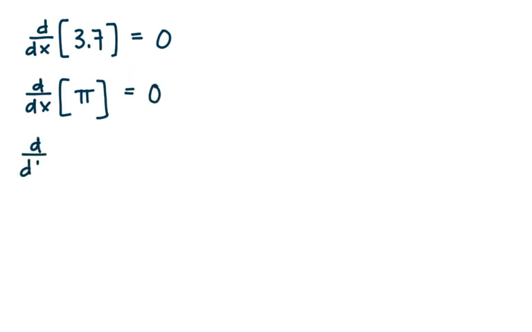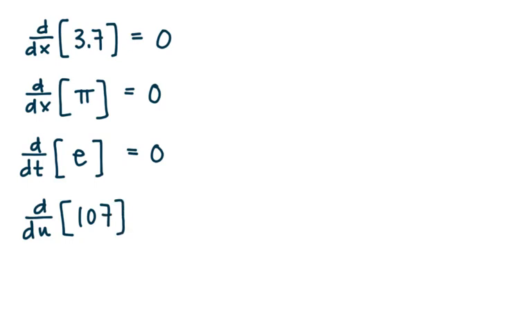The derivative with respect to t of this constant, say e, is 0. So e is a number, Euler's number, approximately 2.718. Notice I said take the derivative with respect to t. We could have a different variable with which we are differentiating. I could say the derivative with respect to u of some number, 107.